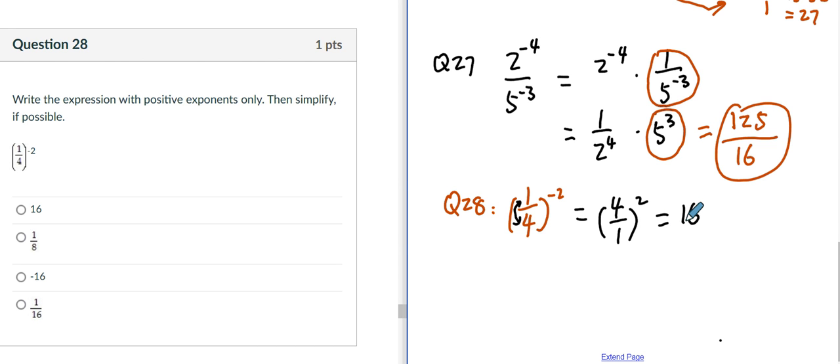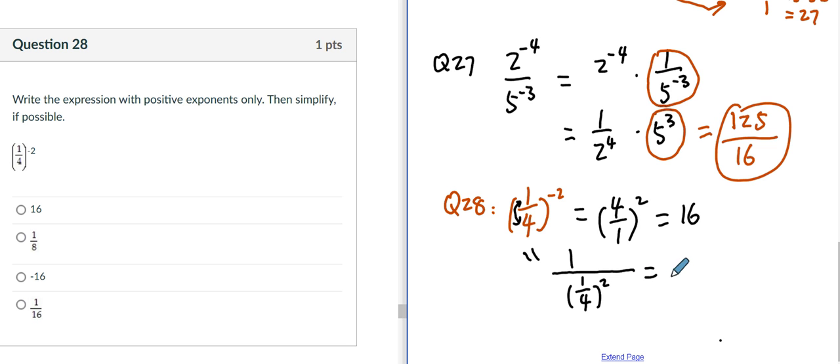Okay, why is that? I can show you. You want to get rid of this negative 2. What you do is 1 over the main fraction, 1 over 1 over 4 squared, right? That's what you do to get rid of this negative sign.